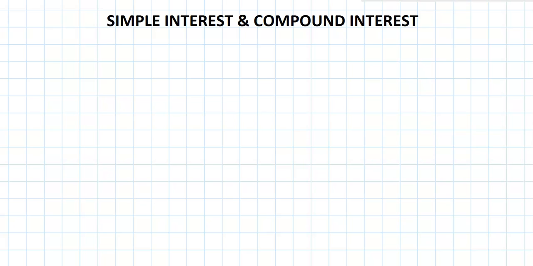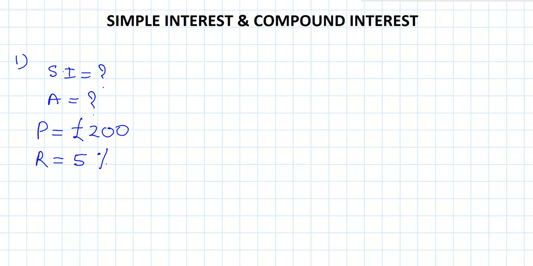Okay, practice question. You need to find simple interest and you need to find amount. If principal is 200 pound, rate is 5% per annum or per year, and time is 3 years, what will be the simple interest and amount?